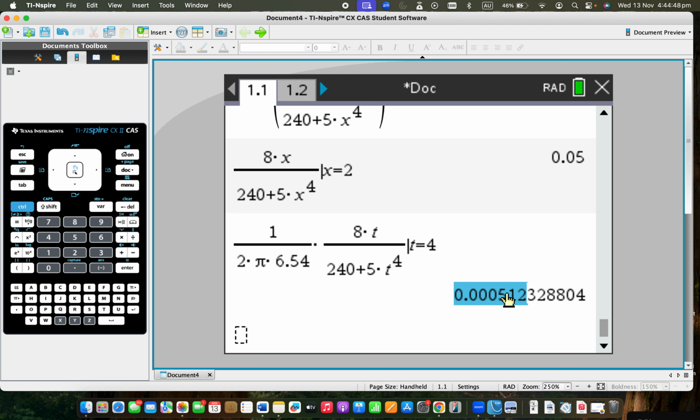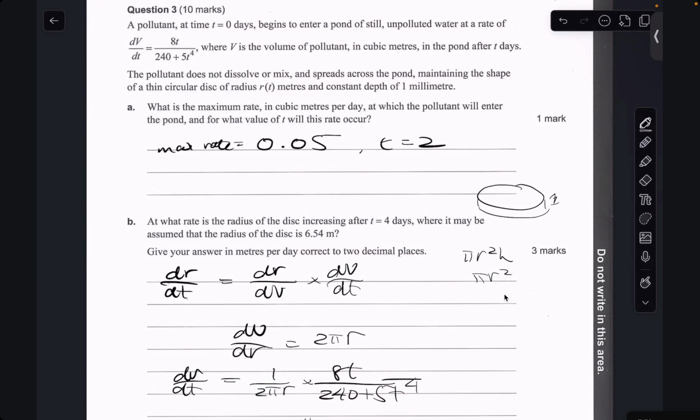Oh, give your answer in meters per day. Oh, this is in millimeters. Oh no, that's a depth of 1 millimeter.